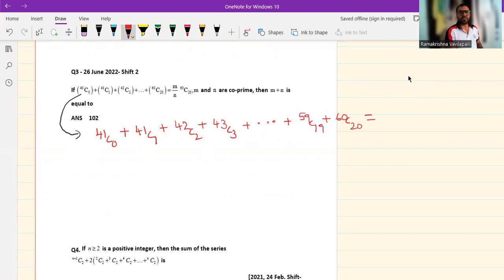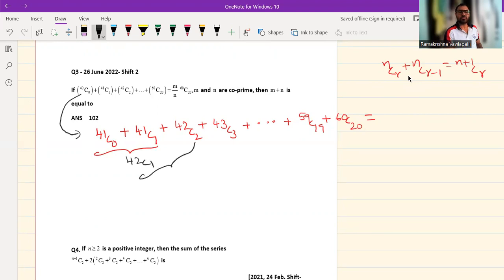So I have changed the first term. 40C0 value is 1, so instead of 40C0, I wrote 41C0. Now using the formula that nCr plus nC(r minus 1) equal to (n plus 1)Cr, the sum of these two terms is nothing but 42C1.